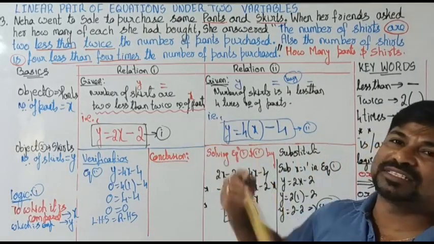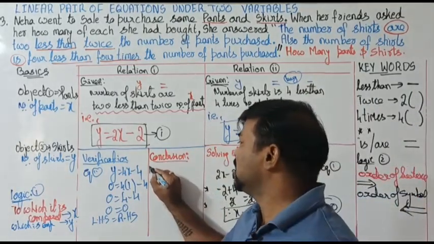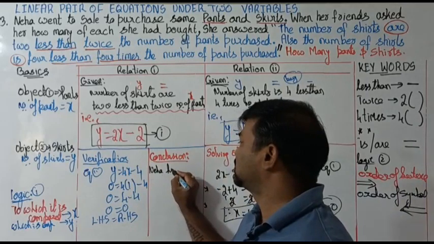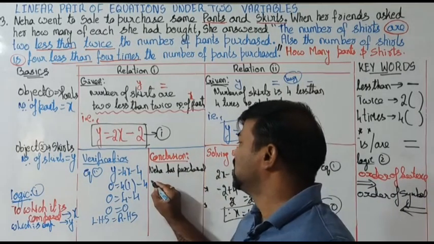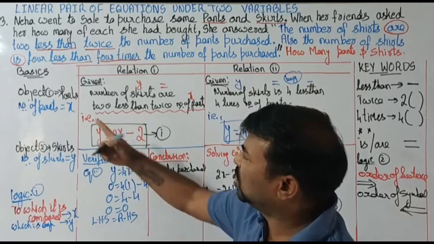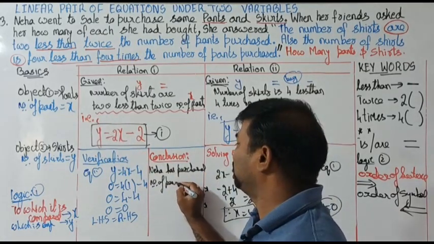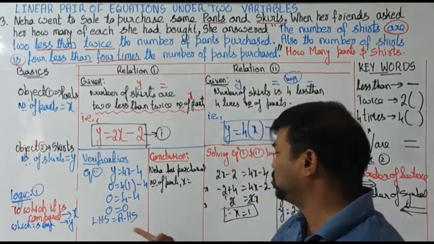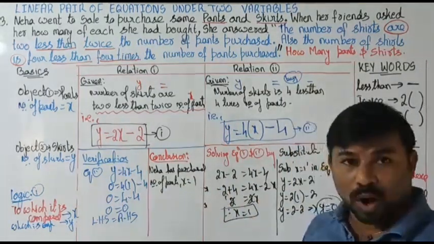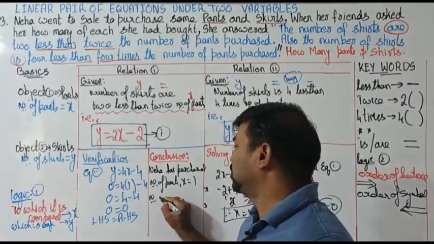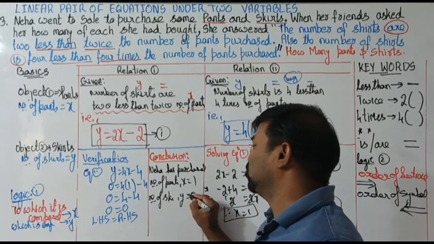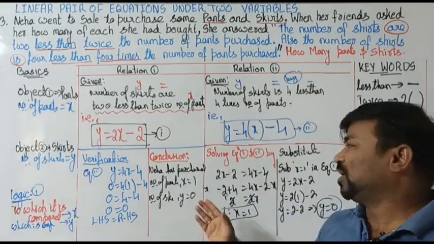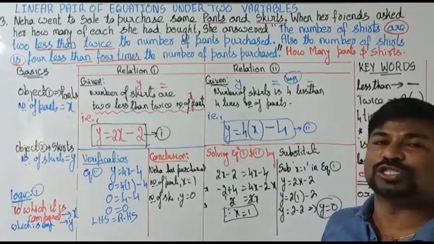Okay, what is the conclusion? How many pants has Neha purchased? Number of pants, x is equal to how many? 1. Number of skirts, y equals 0, means she did not purchase any skirt, she has purchased only pants.